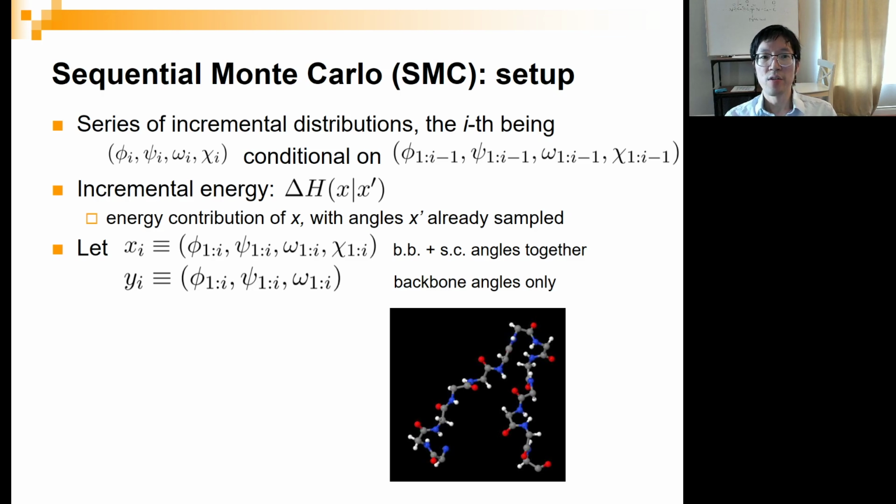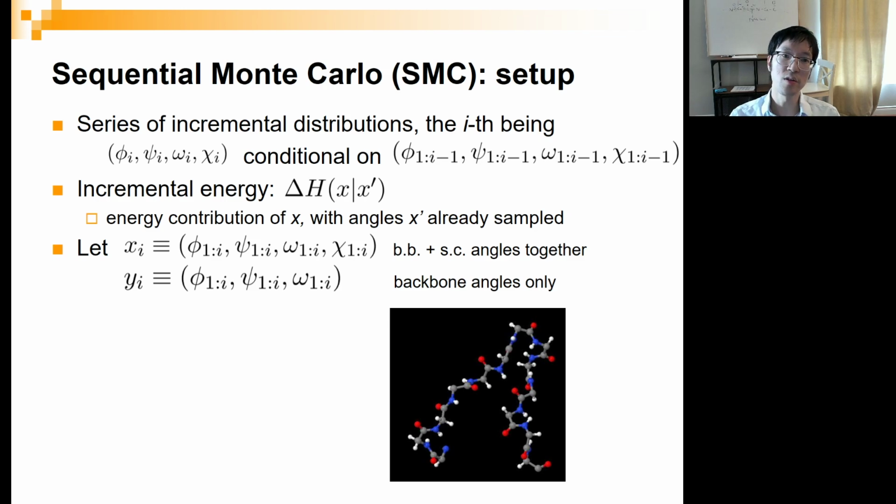Now, in sequential Monte Carlo, we do it a different way. Instead of using a sequence of conditionals, we use a sequence of incremental distributions. What we do is we first sample amino acid number 1, so we sample the angles for the first amino acid. Then for subsequent amino acids, we sample those angles conditional on the previously sampled ones.